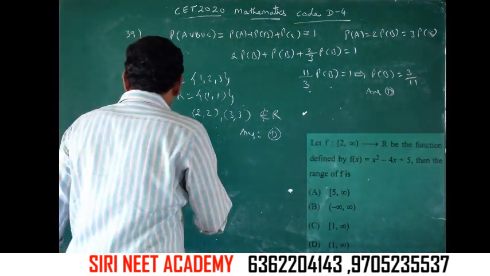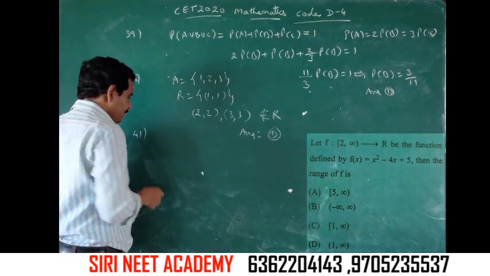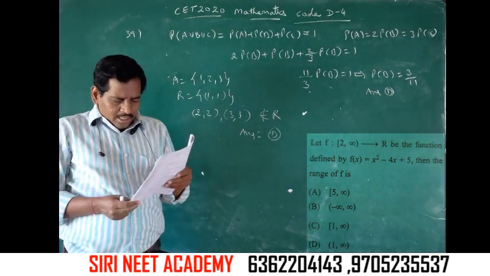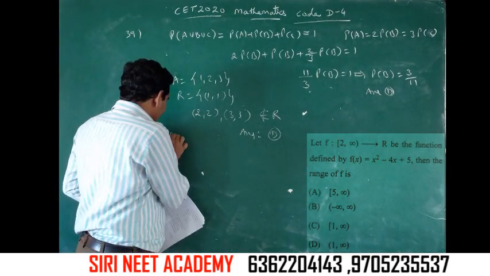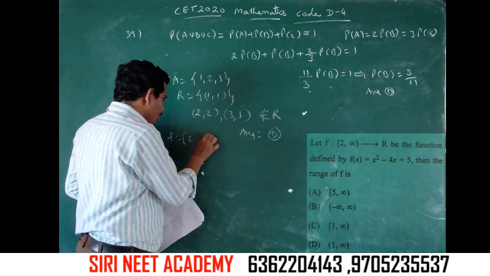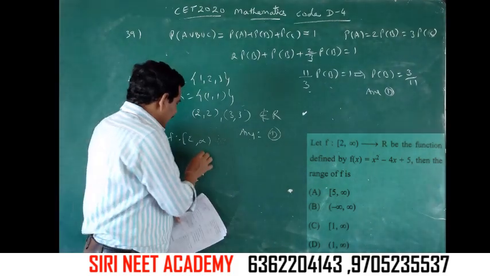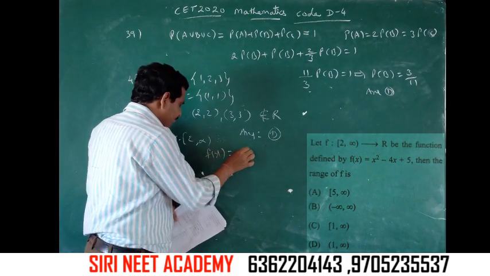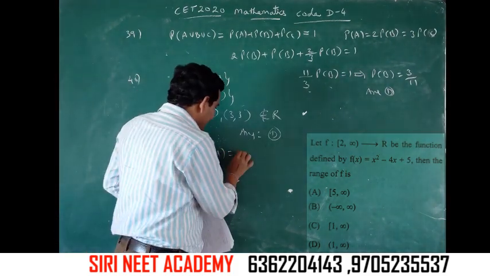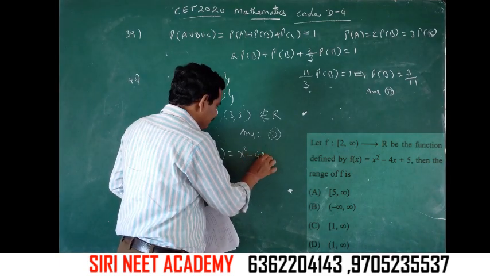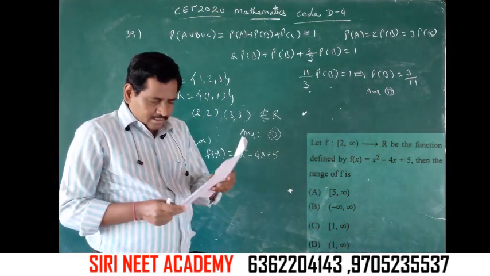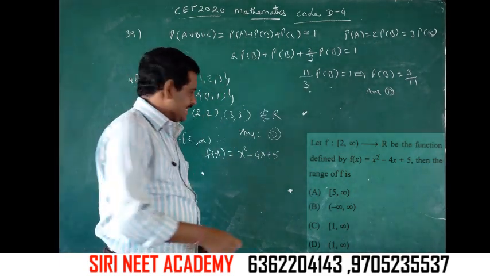Now question number 41. f maps closed interval 2 to open infinity, be a function defined by f of x is equal to x square minus 4x plus 5. Then the range of f is.